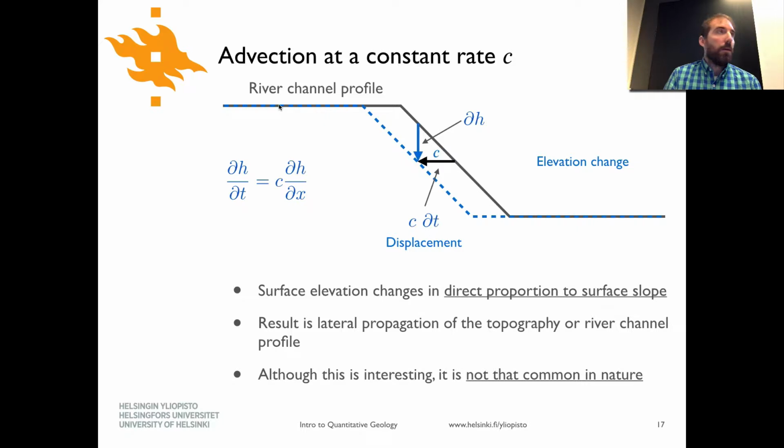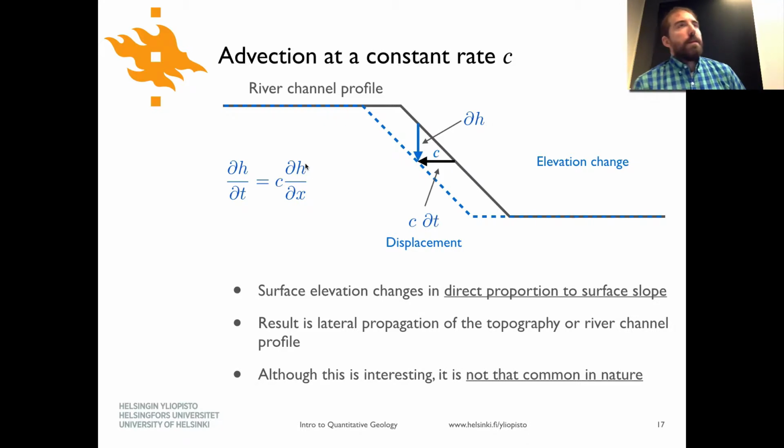And if you go up here, if you move some horizontal distance in the flat part of the channel, the elevation doesn't change at all, because there is no slope. It's 0. So when you multiply it by this slope term here, you get 0, so you have no elevation change.